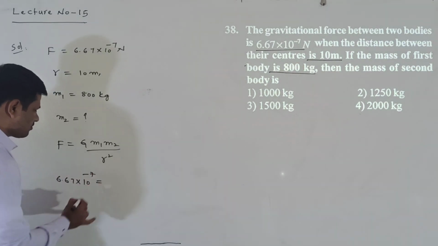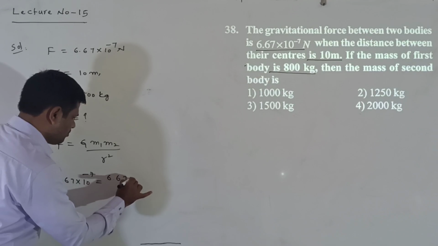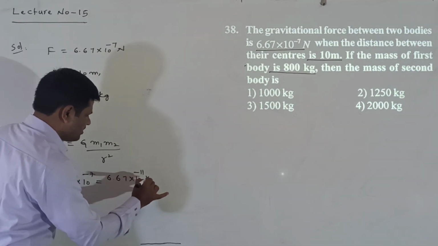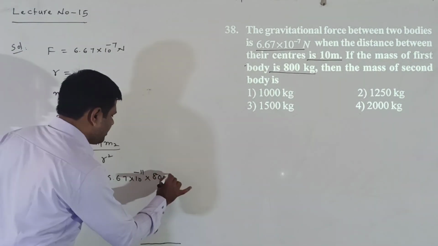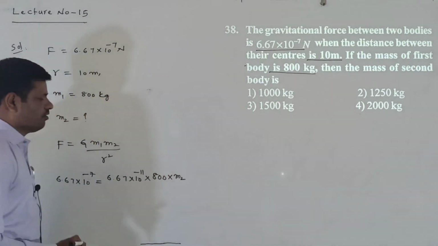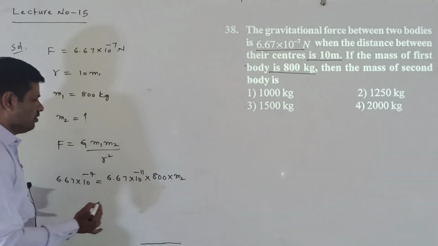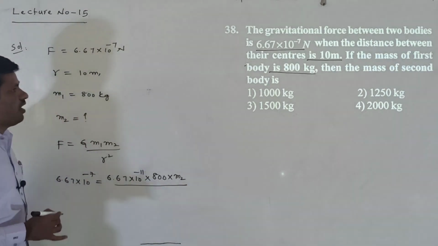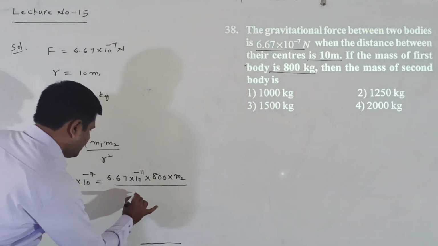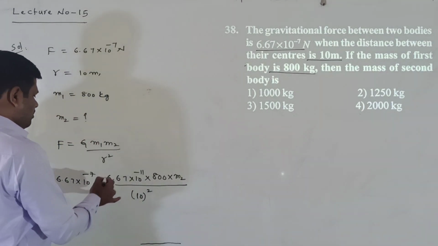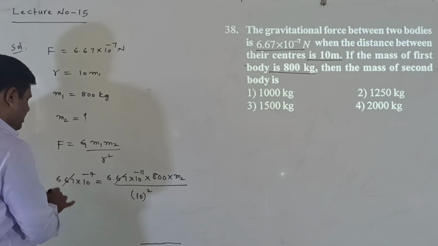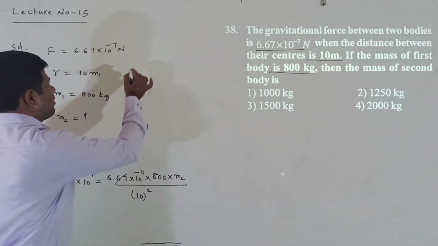G value is 6.67 into 10 power of minus 11. This is a standard value. The mass of the first body is given as 800. The mass of the second body we don't know; we have to find it. r, the distance, is equal to 10 meter, given, so 10 square. Clear. See here, 6.67 gets cancelled.